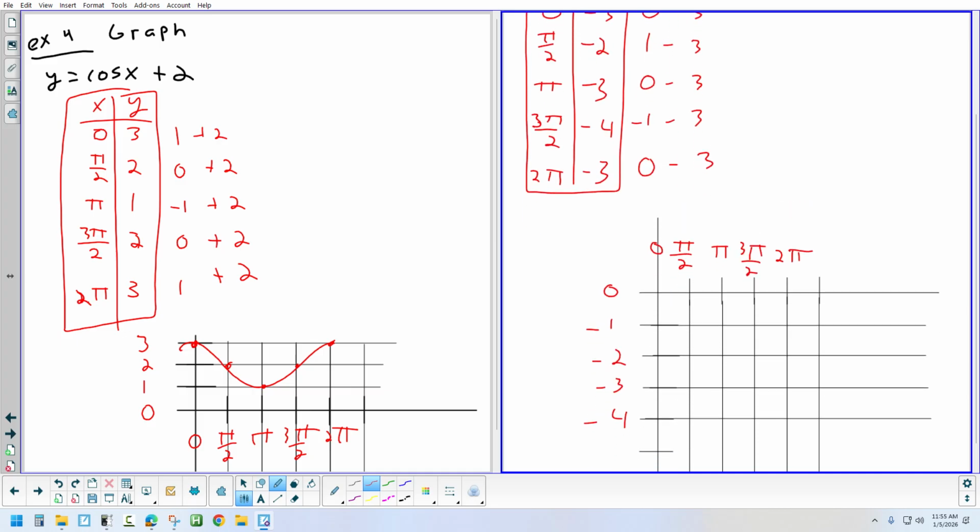So 0, negative 3. Pi over 2, negative 2. Pi, negative 3. 3 pi over 2, negative 4. And 2 pi, negative 3. So it's the sine function, and it's been brought down 3 units. That's it. Any question on that?